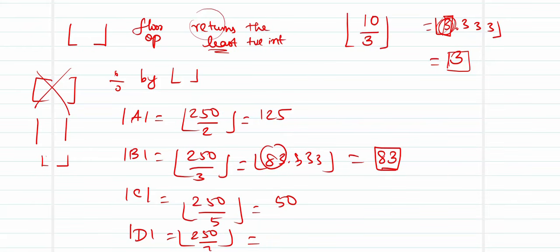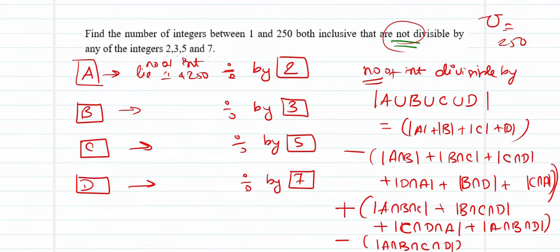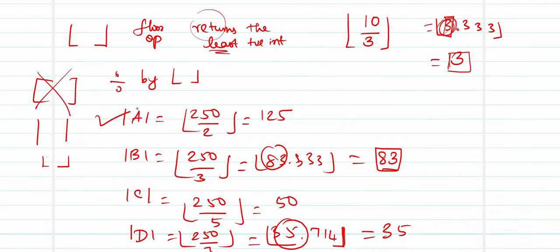So 250 divided by 7 is equal to 35.714. Take the floor of the number. The integer part is going to be 35. So I have the elements taken one at a time, A, B, C, D, done.